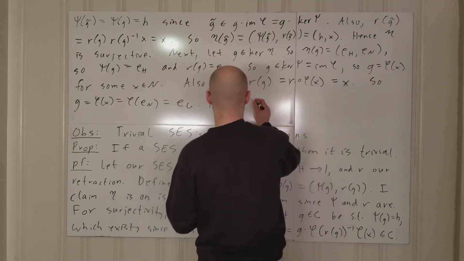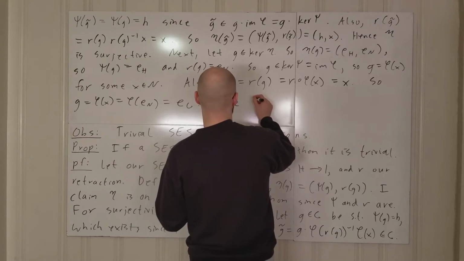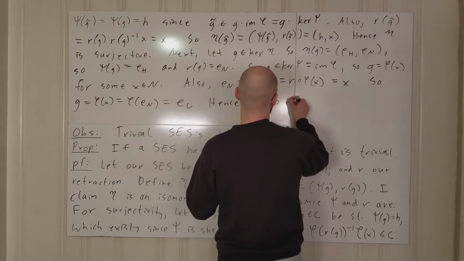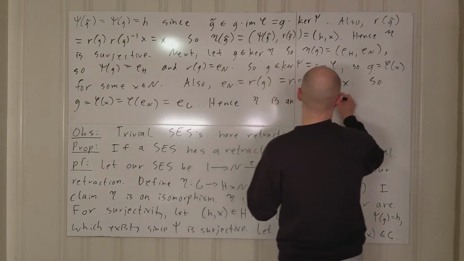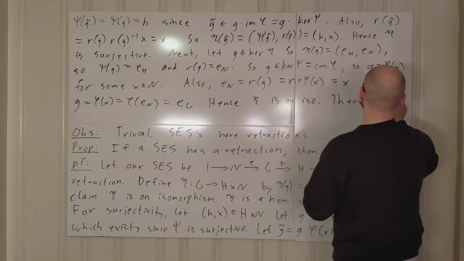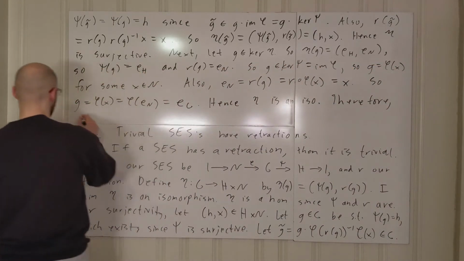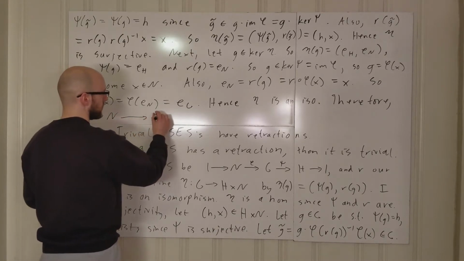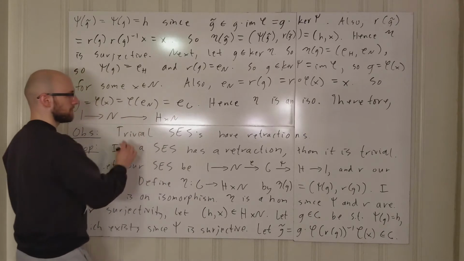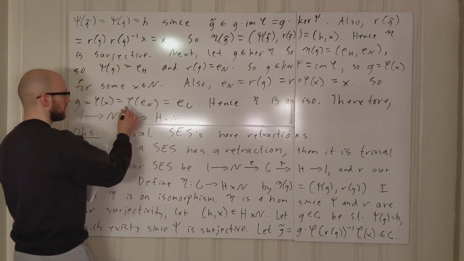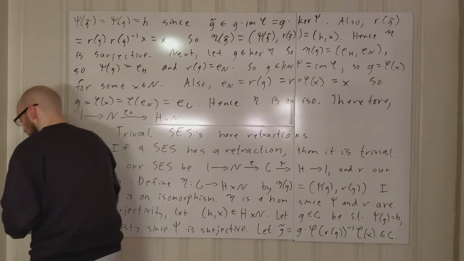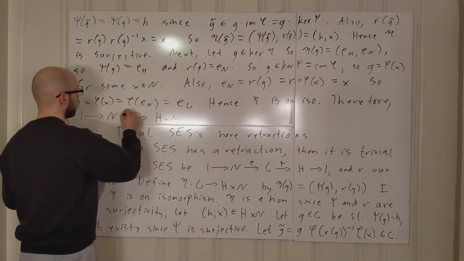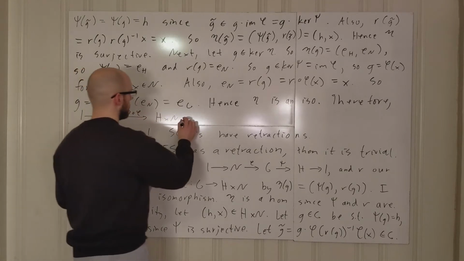Hence, eta is an isomorphism. Therefore, we go from 1 to N, and we're going to go to H cross N, and this map here is going to be eta composed with phi, because we go through phi first, and then through eta.